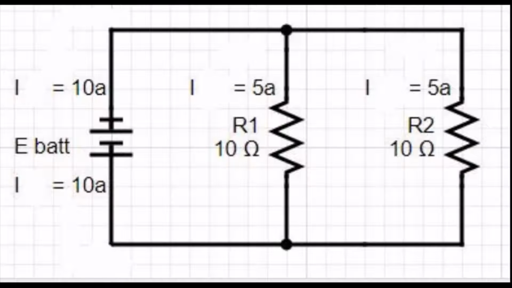I'm going to go ahead and label the plus side of the battery, the minus side of the battery, and the total amperage of the circuit coming into the battery and going out of the battery. I'm going to label total, T. Okay, so there we have those.